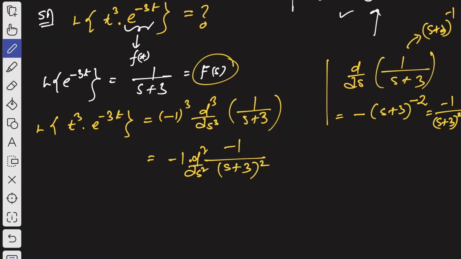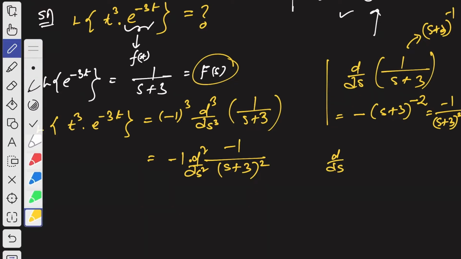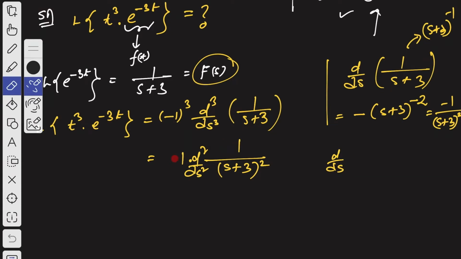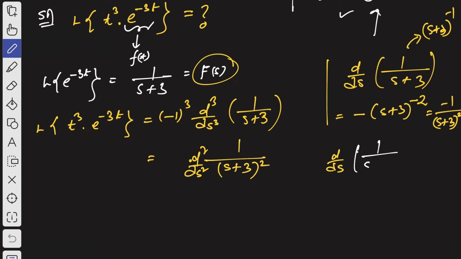So here we get minus 1 by s plus 3 whole square. Now again we are going to differentiate it. Now this minus has become positive, so we can ignore the minus sign here. Again differentiate 1 by s plus 3 whole square.